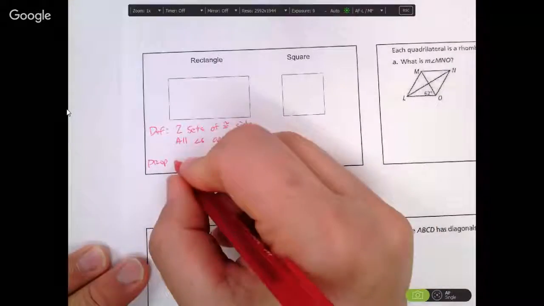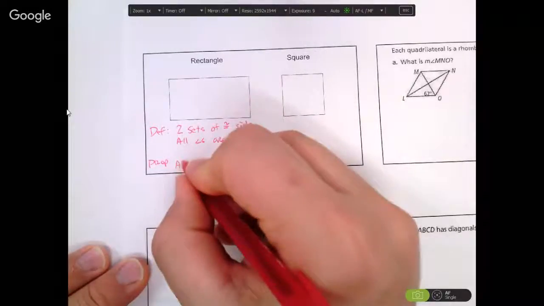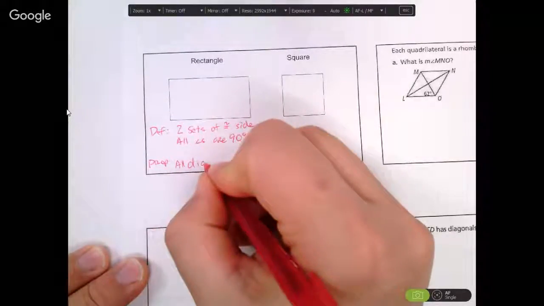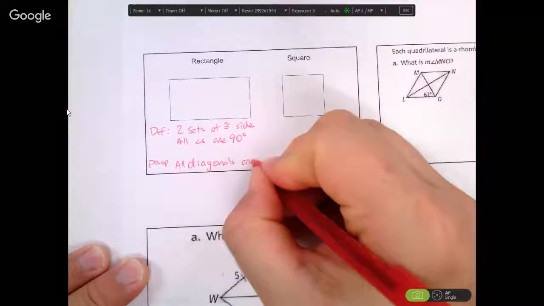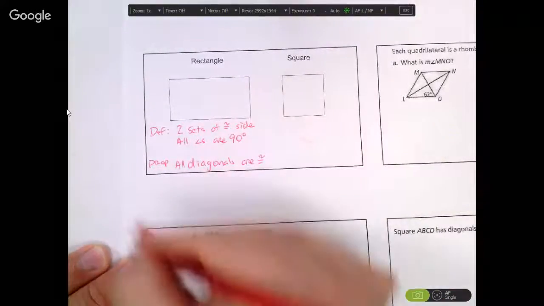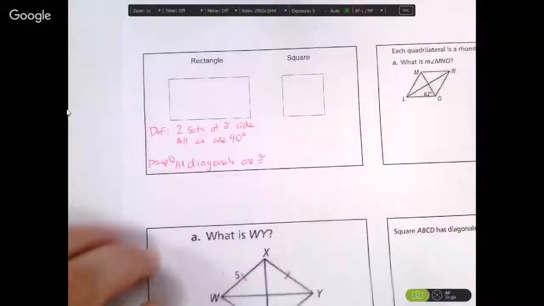All diagonals are congruent. So this one's special because for the other ones, the diagonals weren't congruent. They bisect each other, but they weren't congruent. And that's it.